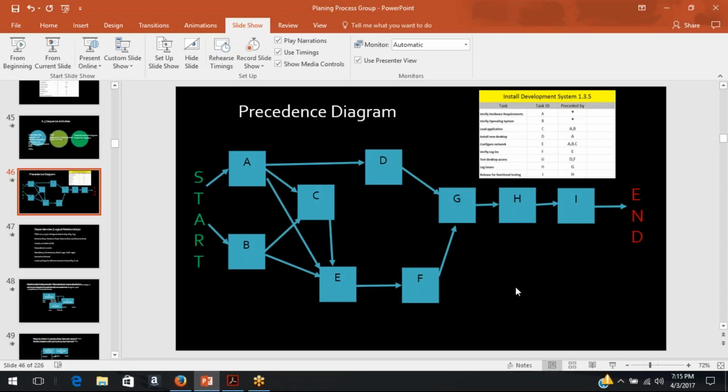As long as the dependencies are correct, that's the important thing. You're not going to have to turn in a drawing. They're going to ask you to draw it because they want you to do calculations from it. We didn't get there yet. They have a bigger purpose in mind than this. The most important thing on this screen is that the precedents are correct.